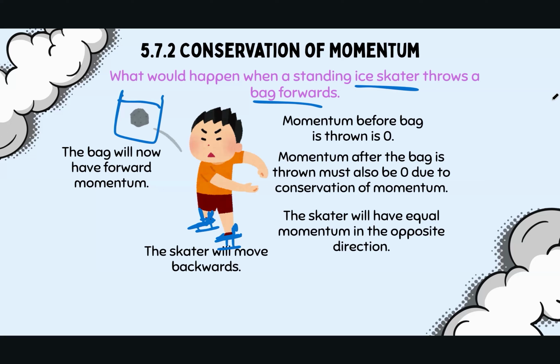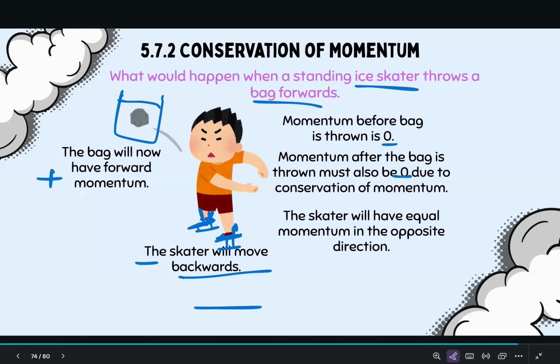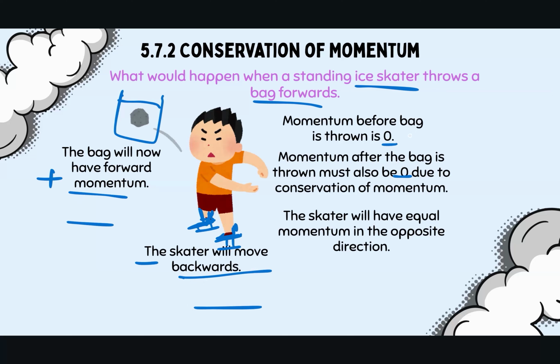The bag will now have forward momentum and the skater will move backwards. So momentum before the bag is thrown is 0. Momentum after the bag is thrown is also 0 because the bag will have positive momentum because it's moving forward and the skater will have negative momentum because it's moving backwards. So when we do mass times velocity for the skater, it will be negative, and for the bag, it will be positive, and they will cancel out to equal 0.